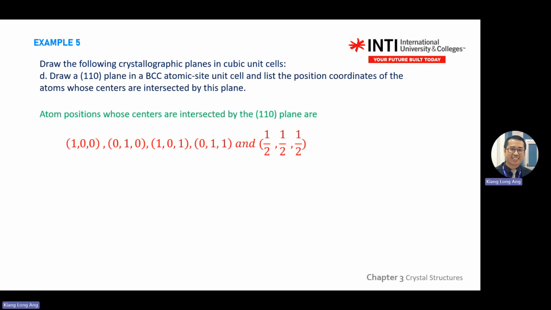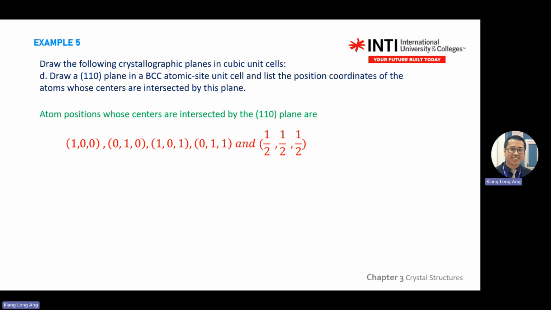Let me show you the workout. The atom positions whose centers are intersected by this plane are all these. So you have one atom here, one atom here, one atom at the center.